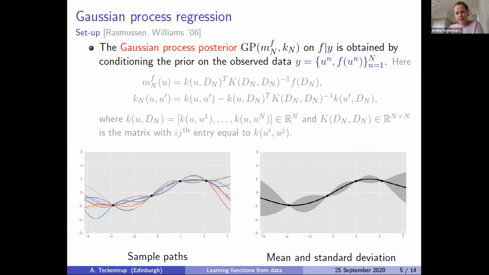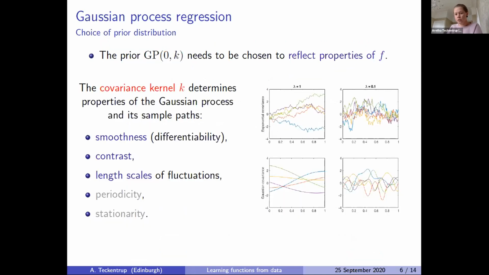One of the main challenges is to actually choose the prior distribution. The way that you choose the prior distribution is that it needs to reflect properties of f, right? So the prior distribution has to be a probability distribution that makes sense for the function f that you have, and it needs to include anything that you know about f.